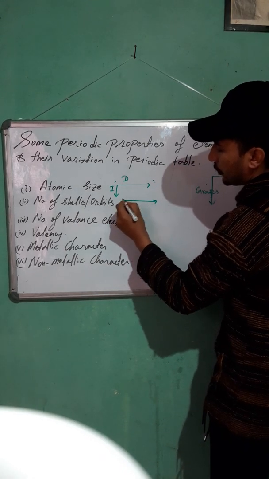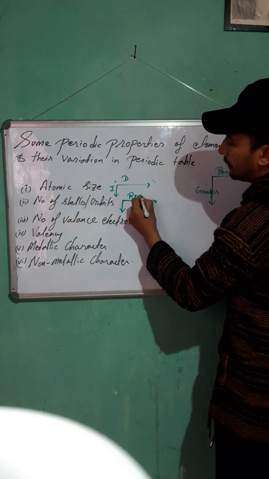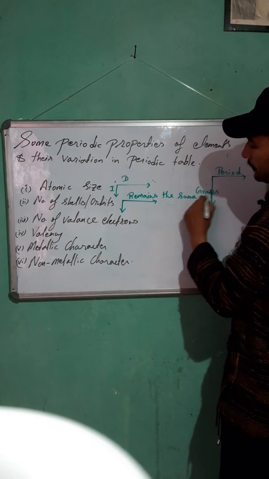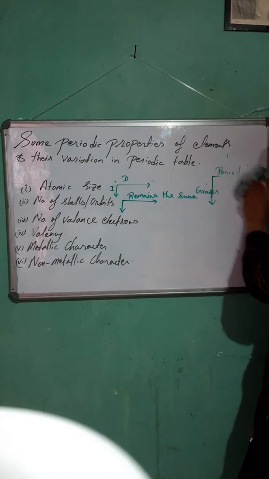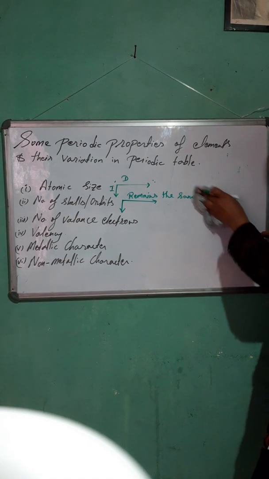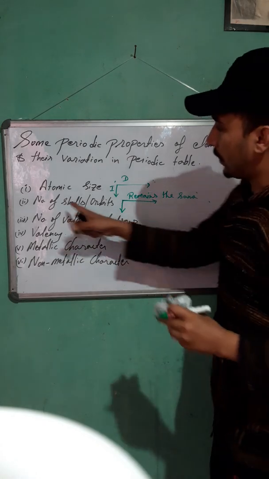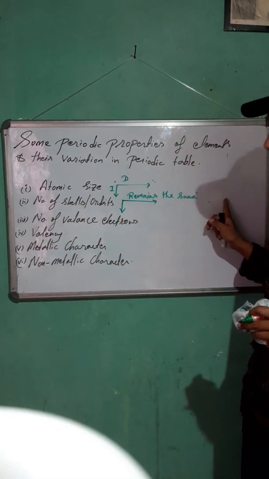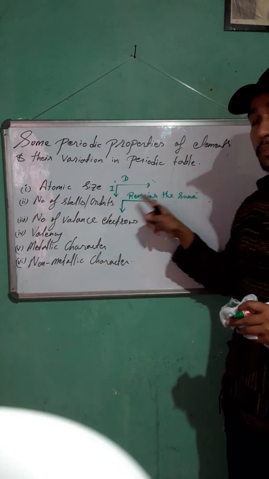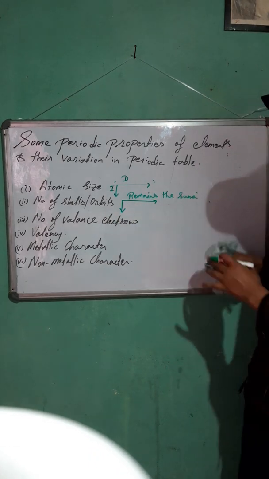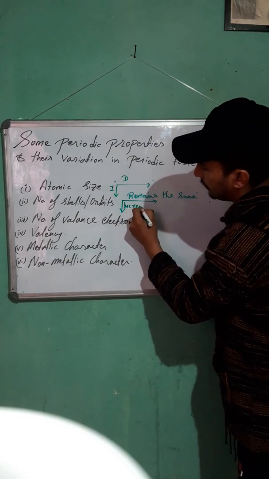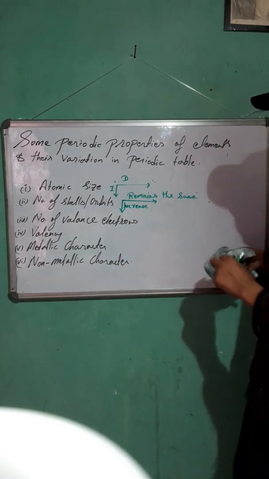Left to right across a period, it remains the same. Number of shells or orbits from left to right remains the same, and top to bottom it increases.